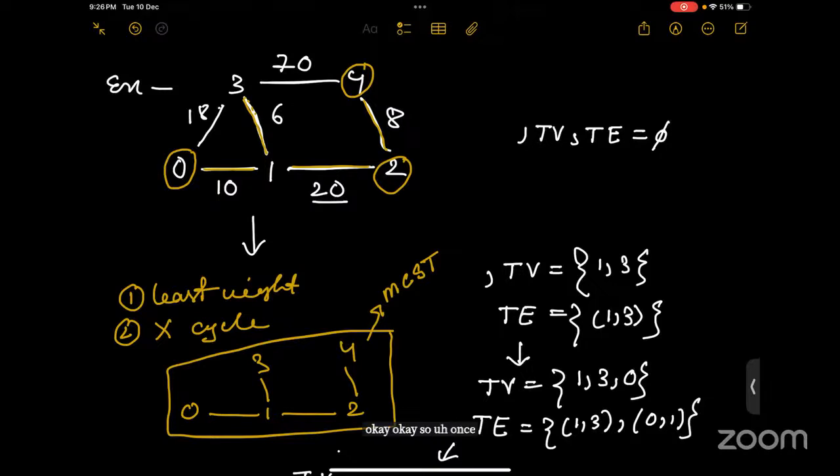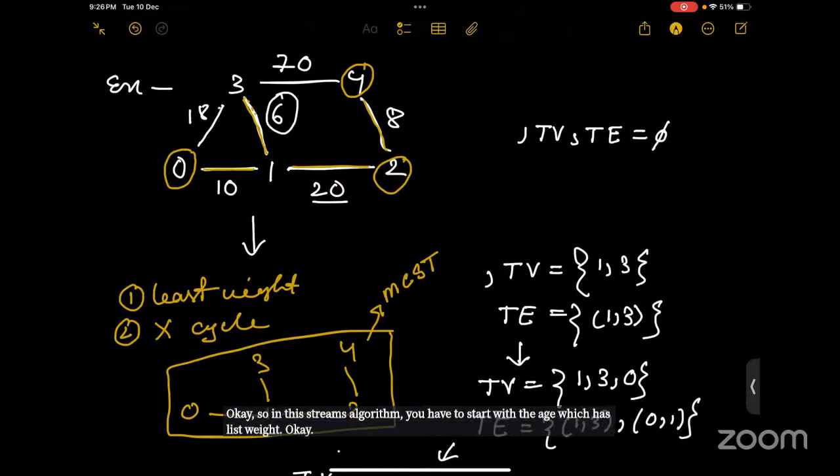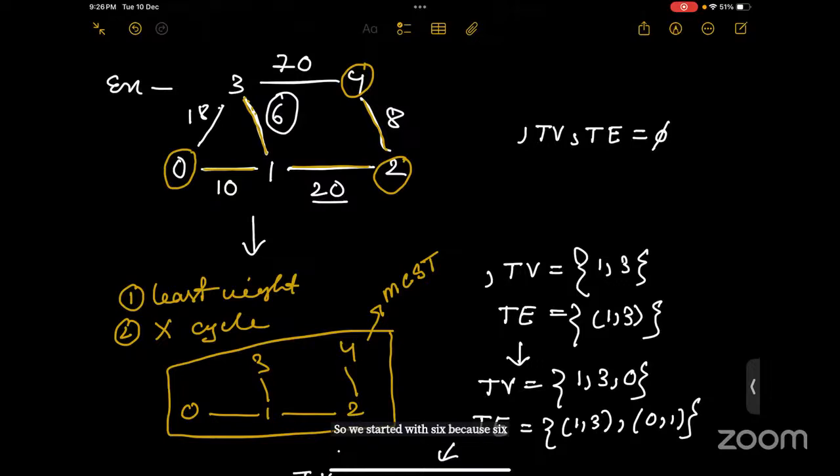Could you please repeat it once again? Okay. So in this Prim's algorithm, you have to start with an edge which has least weight. So we started with 6 because 6 has least weight among all the weights in the graph, right?